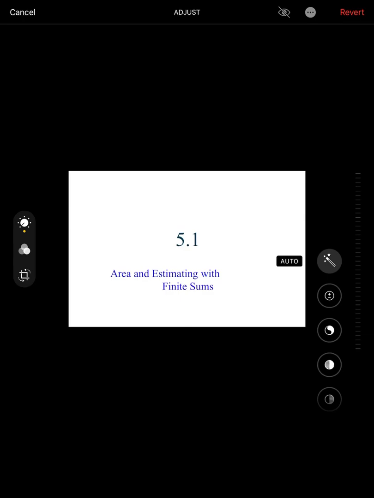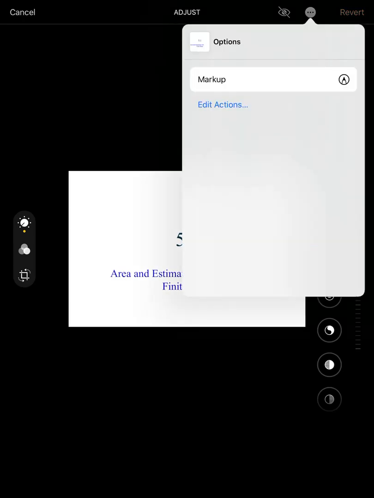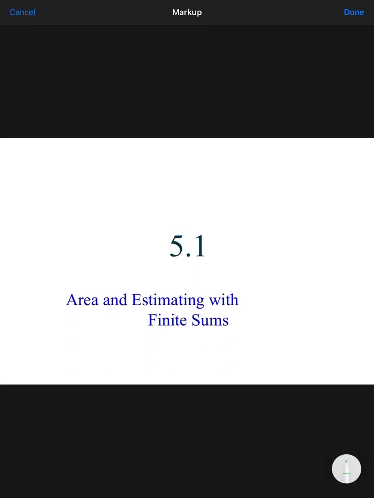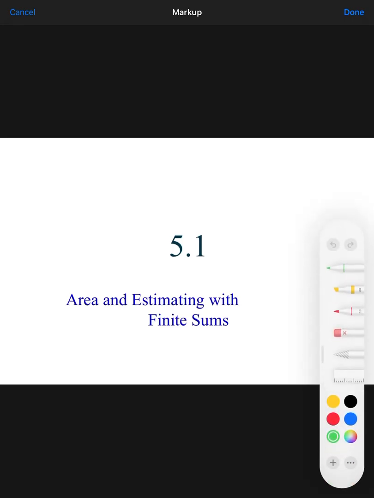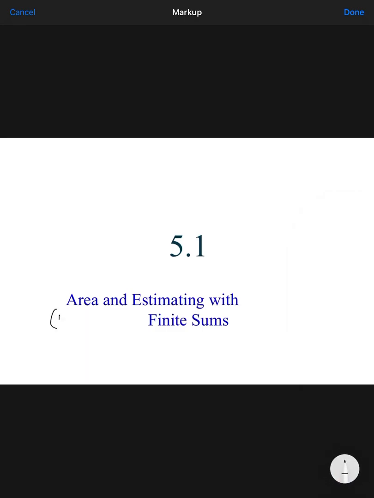This time we are coming again from the calculus standpoint, and we're going to be working with upper and lower sums, area and estimating with finite sums. To be more specific, this is area of a rectangle.